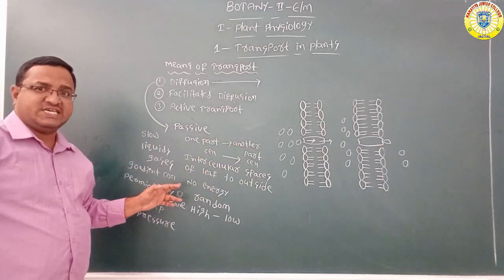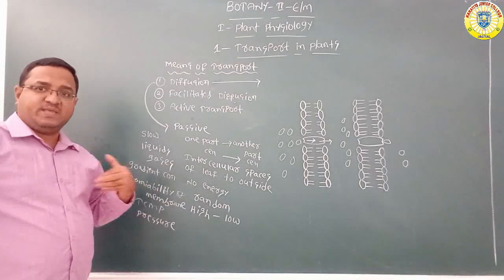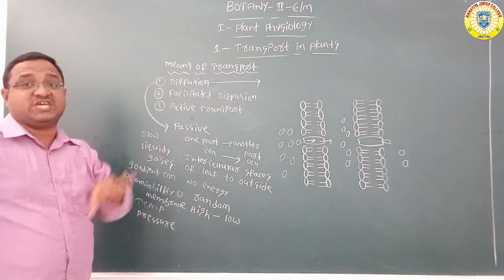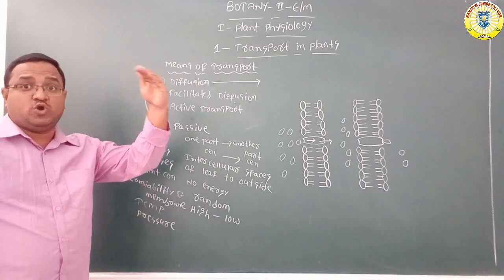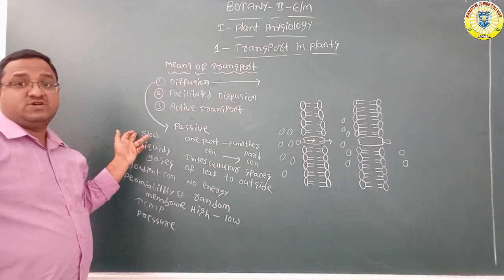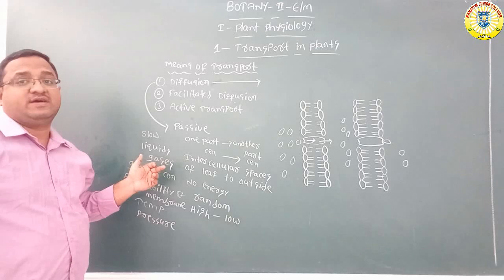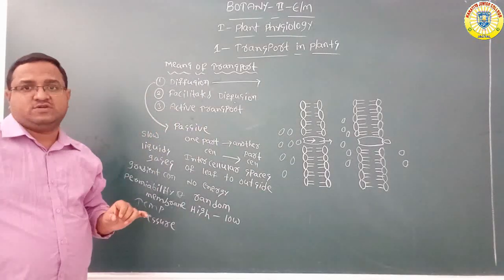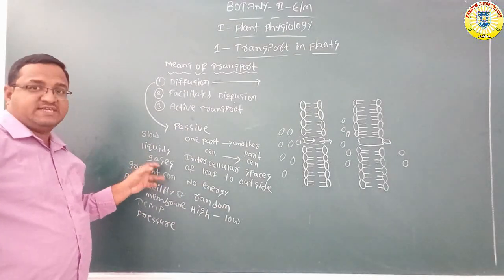No energy is required, and the molecules move in a random fashion from high concentration to low concentration. Diffusion is a slow process, and no biological system is required. It is very common in liquids and gases especially.